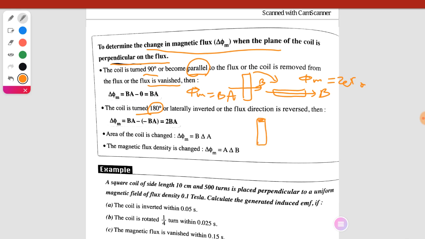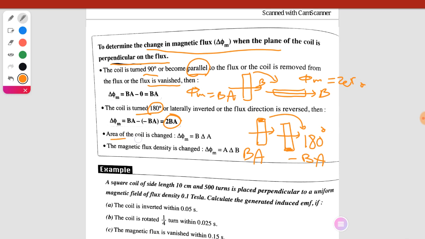The coil makes a half cycle, rotated by an angle of 180 degrees. In the first state it is perpendicular, in the second state perpendicular, so the change is BA minus minus BA, which equals 2BA.